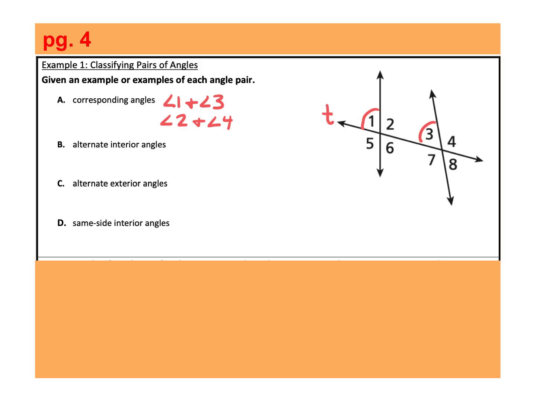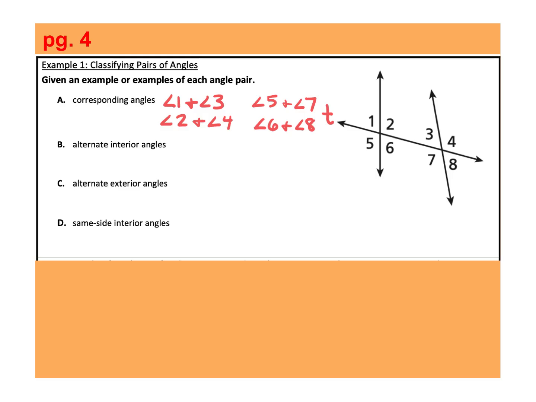And then if I move to the other side of the line, 5 and 7 go together, right? 5, 7, and 6 and 8. So there are always going to be 4 different pairs of corresponding angles when you have two lines that are intersected by a transversal.